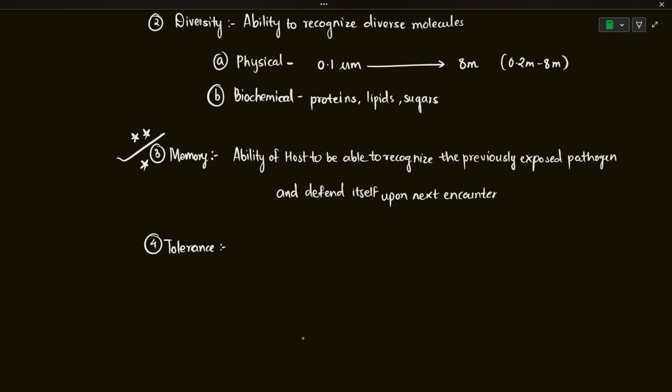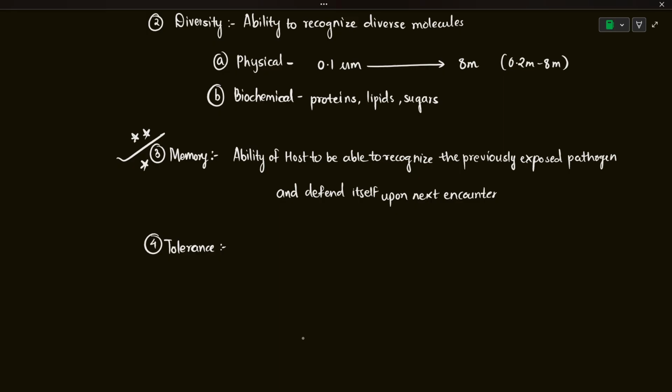That type of feature is known as tolerance. Tolerance is the ability of our immune system to avoid mounting a response against the host cell. It means it is able to differentiate between the self cell and the non-self cell, so it is only going to kill the pathogen and not the cells of the host.